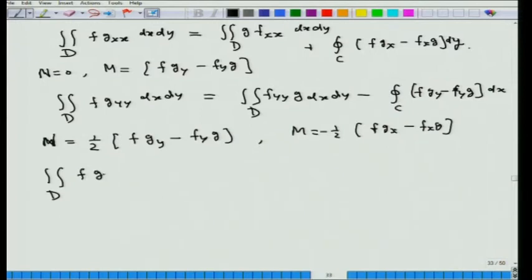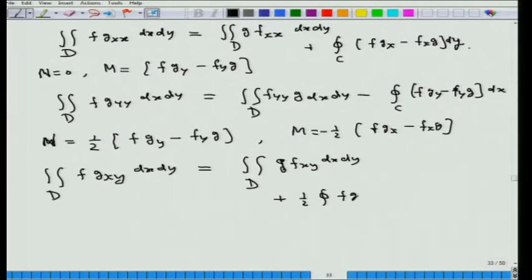So f g x y dx dy will give you over D g f x y dx dy, and then plus half of f g y minus f y g dy, minus half f g x minus f x g.